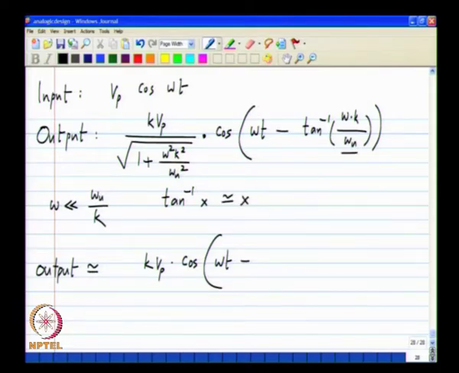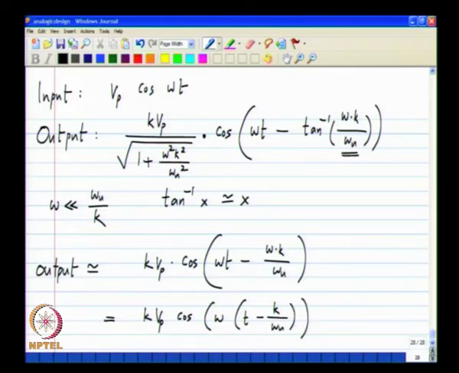So, instead of tan inverse we simply take the argument of the tan inverse, which can be rewritten as kVp cos omega t minus k by omega u.